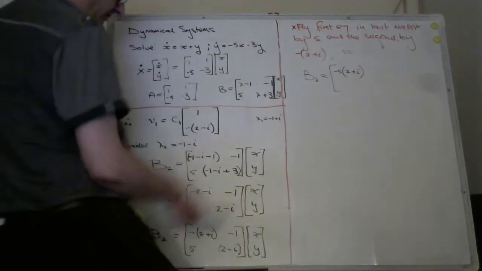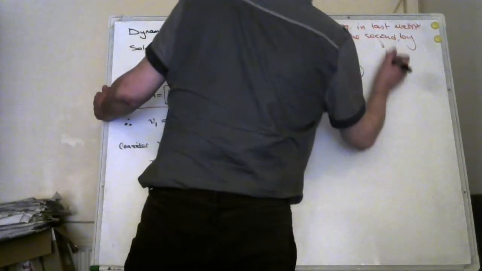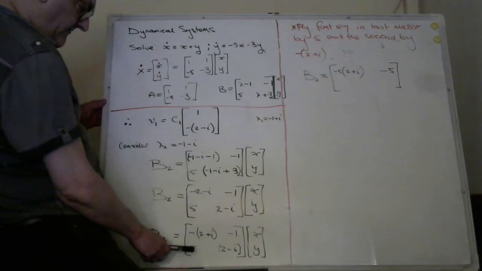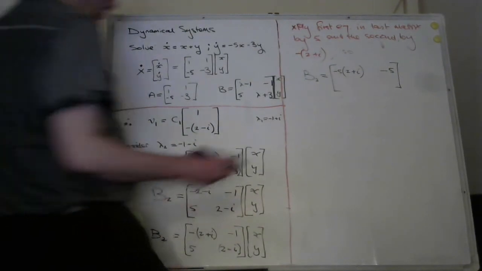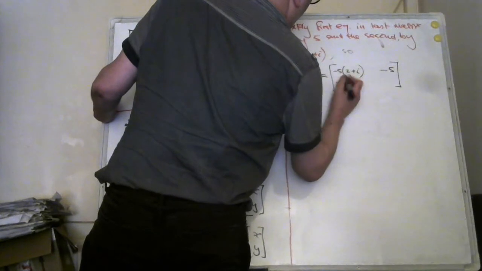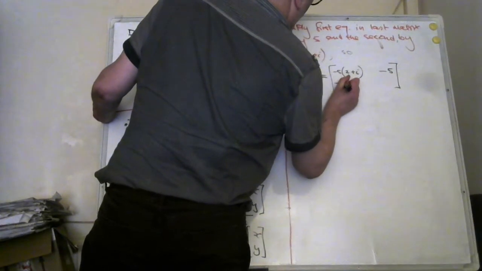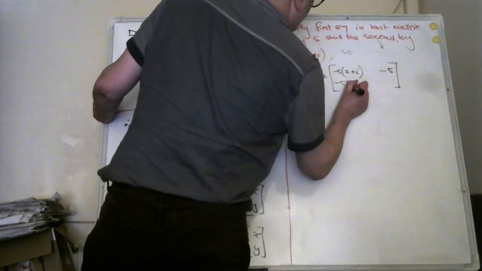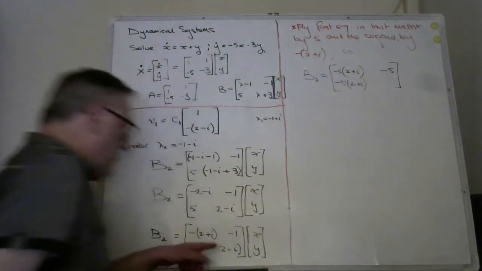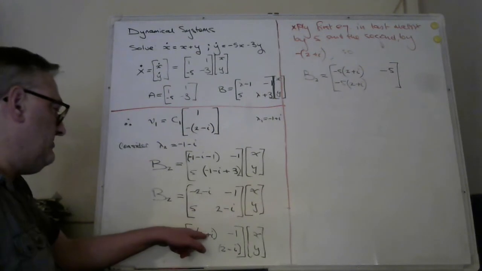Minus 1 times 5 is just minus 5. And then we've got 5 times this, which is just minus 5 times (2 plus i). And then we've got (2 minus i) times (2 plus i).